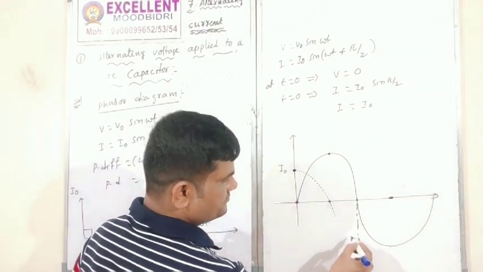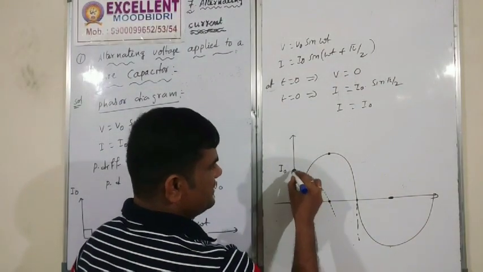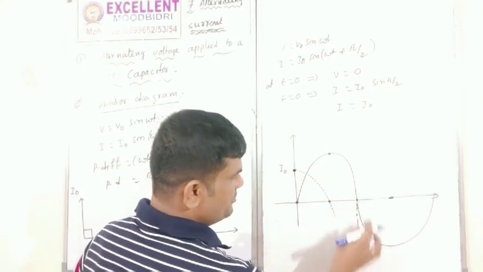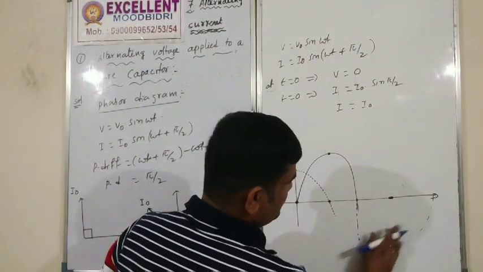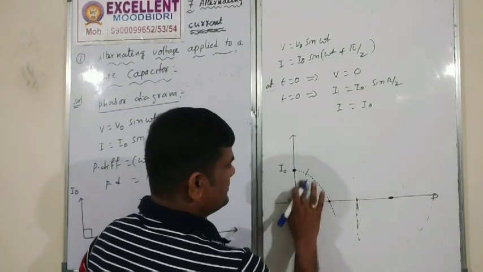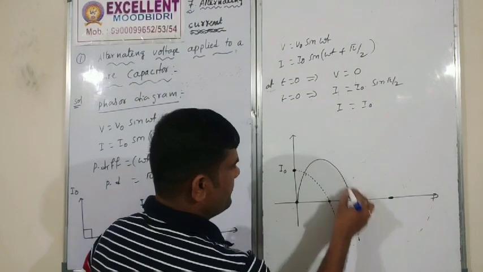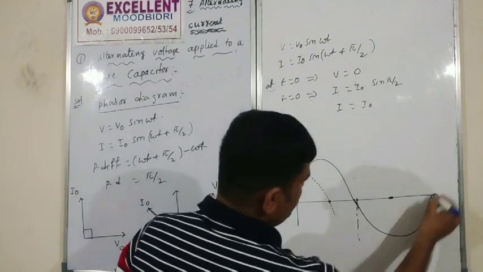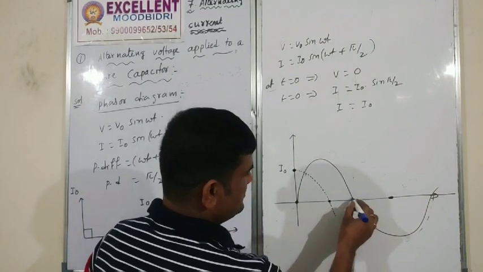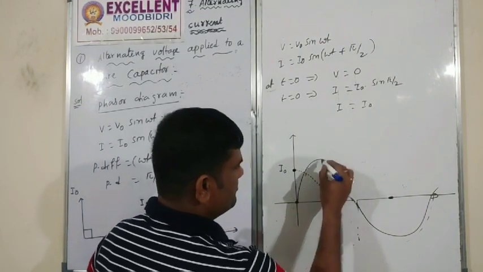Then you can draw the graph in this manner, right? So 0 means this is the maximum. So a little bit of the diagram is a mistake, right? Okay. So this is the minimum.